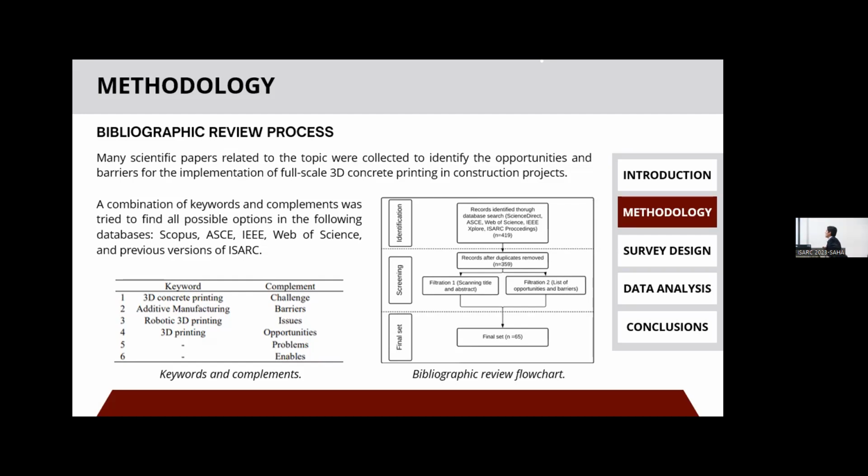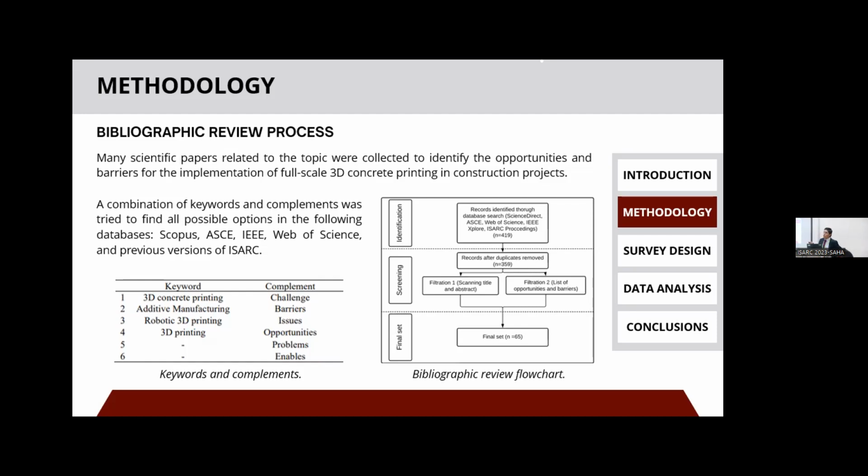The second filter was a list of opportunities and barriers, because when we read the papers, we want to find opportunities and barriers in other countries. So the final set was 65 papers out of the 400.